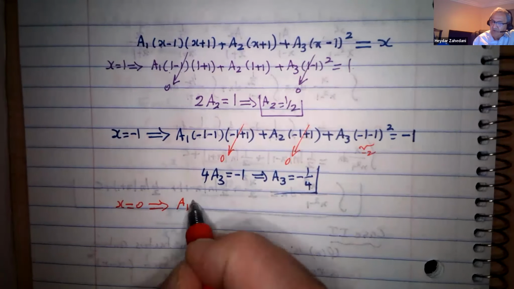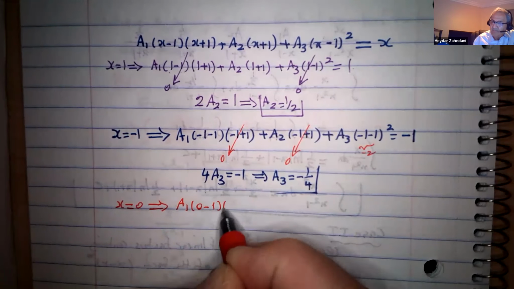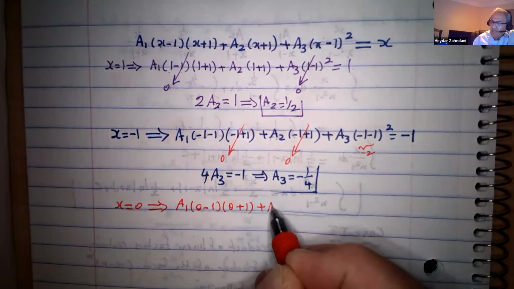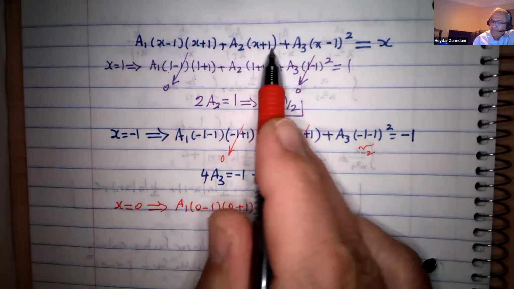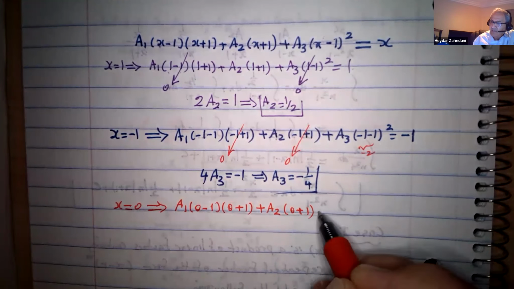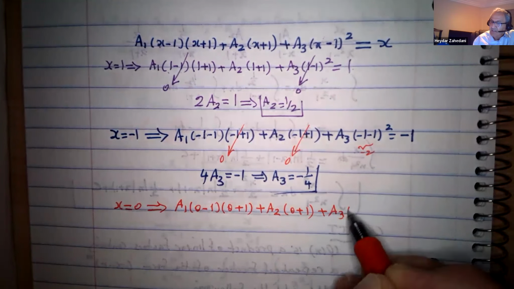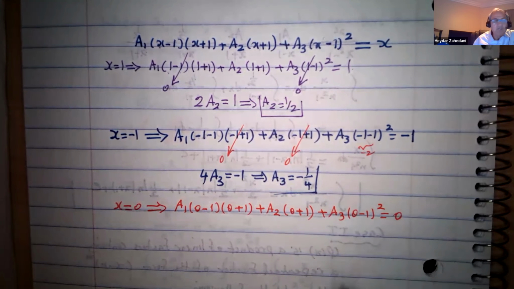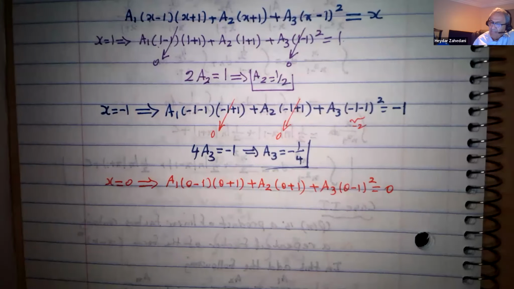So that gives a1 times (0 minus 1)(0 plus 1), a2 times (0 plus 1), and a3 times (0 minus 1) all squared, and of course this would be 0 because you pick x equal to 0.